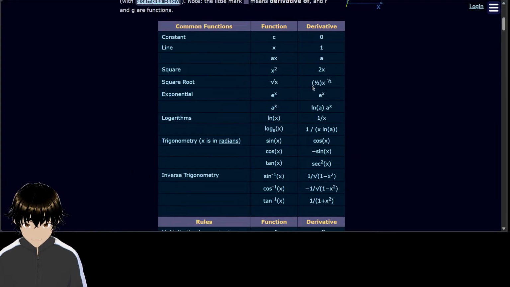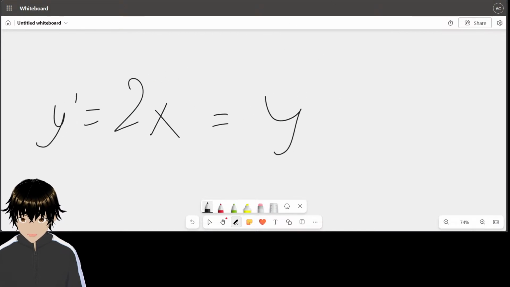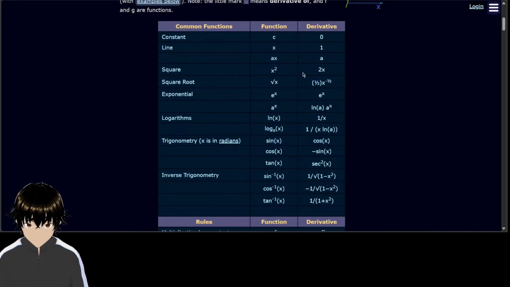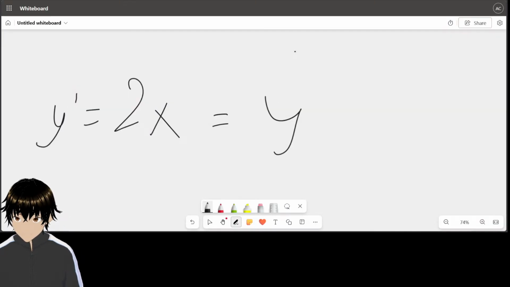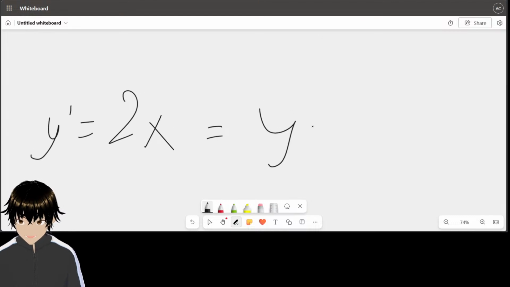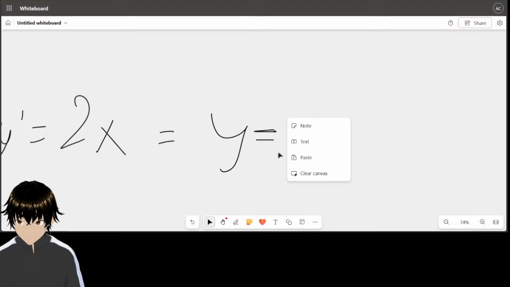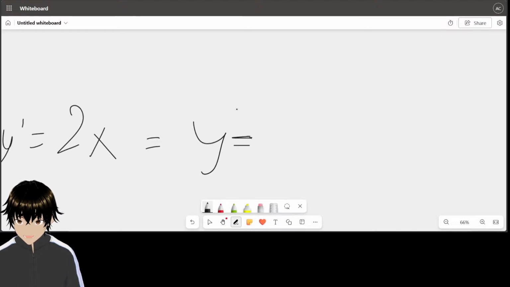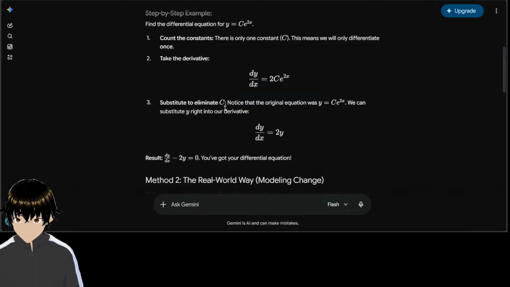Oh, so you have a derivative and you're trying to turn it back into a function. I got it mixed up. Since it's a derivative and it has a prime sign, we have x squared. Okay, I guess that's it.